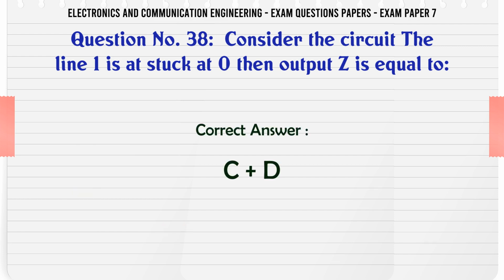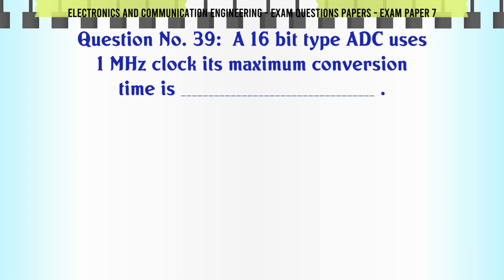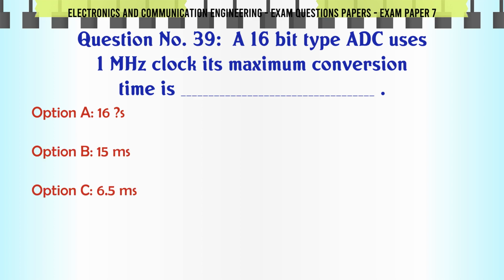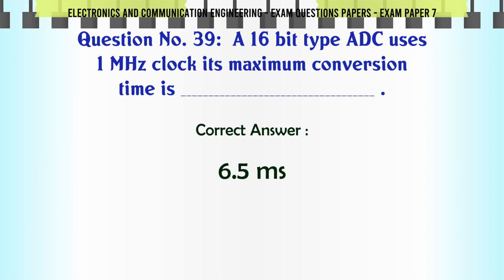The correct answer is CD. A 16-bit type ADC uses a 1 MHz clock. Its maximum conversion time is: A, 16 µs; B, 15 ms; C, 6.5 ms; D, 66 ms. The correct answer is 6.5 ms.